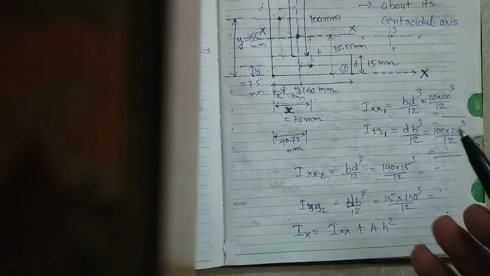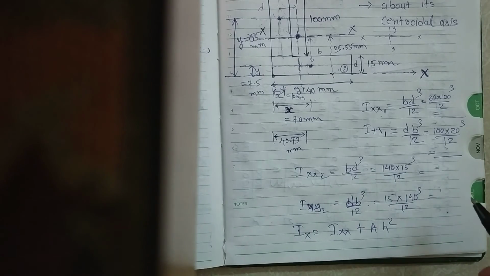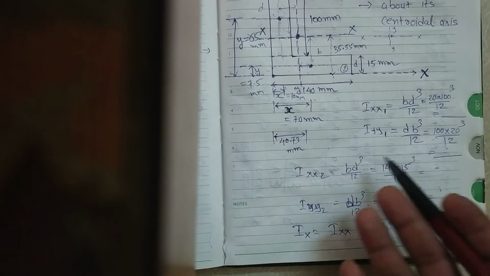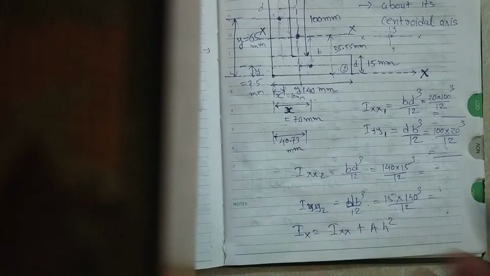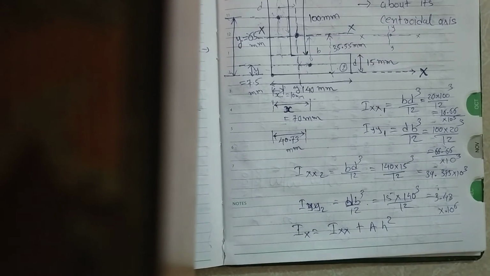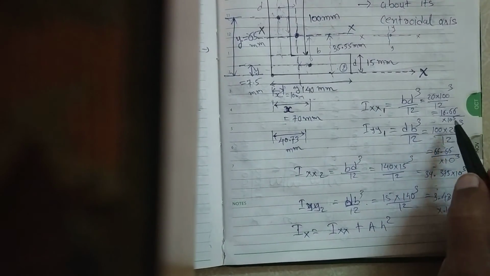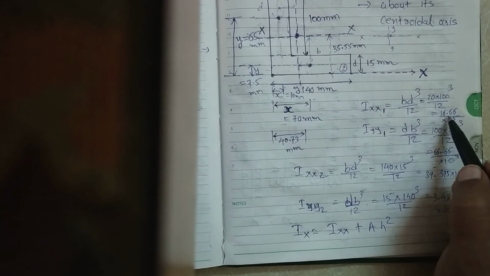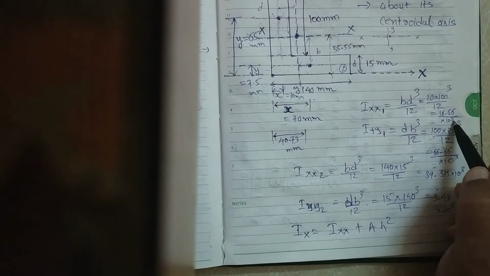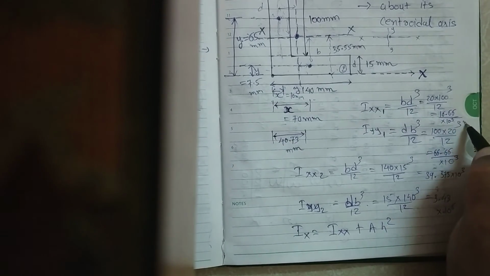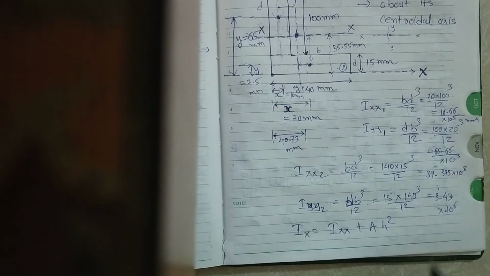So let's put the answers of the moments of inertia Ixx1, Iyy1, Ixx2, Iyy2. Ixx1 is 16.66 into 10 raised to 5, and all have the unit mm raised to 4.